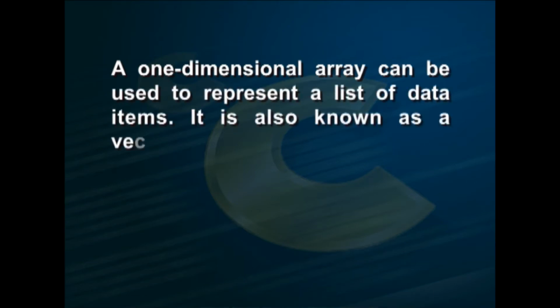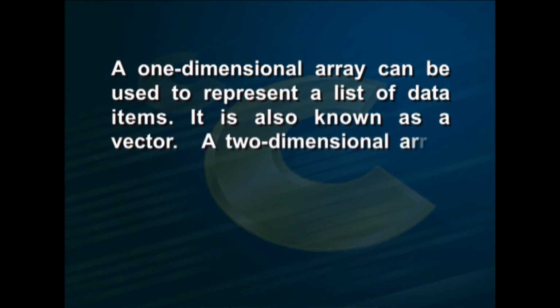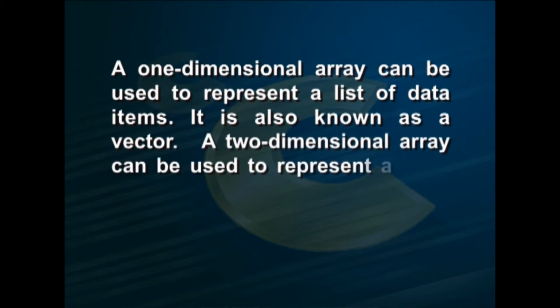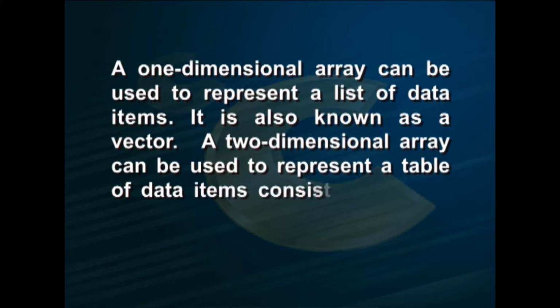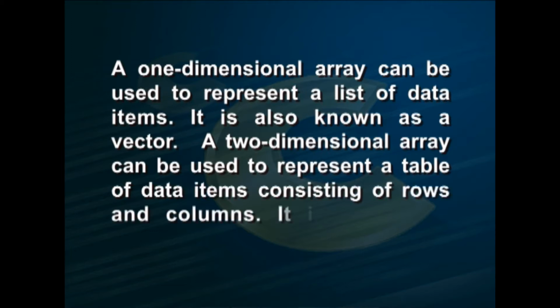It is also known as a vector. A two-dimensional array can be used to represent a table of data items consisting of rows and columns. It is known as a matrix. A three-dimensional array can be used to represent a collection of tables, and the concept can also be extended to arrays with more than 3 dimensions.